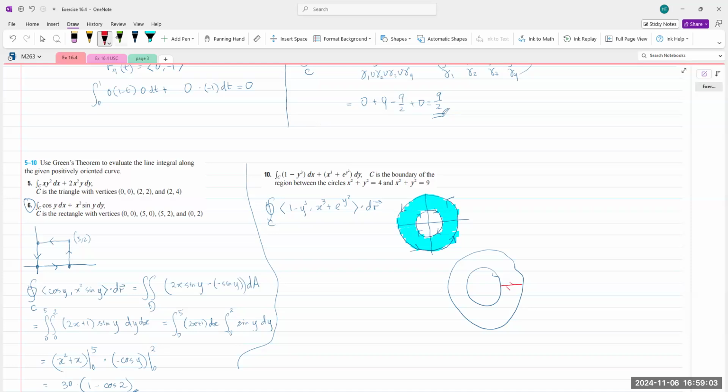Now imagine if I travel in the following way. What color do I want to use? Let me use the green one. Imagine I start from here. I go positively oriented, right? And then to here, I go inside, go this way. Notice that it's still positive oriented, and then go back.